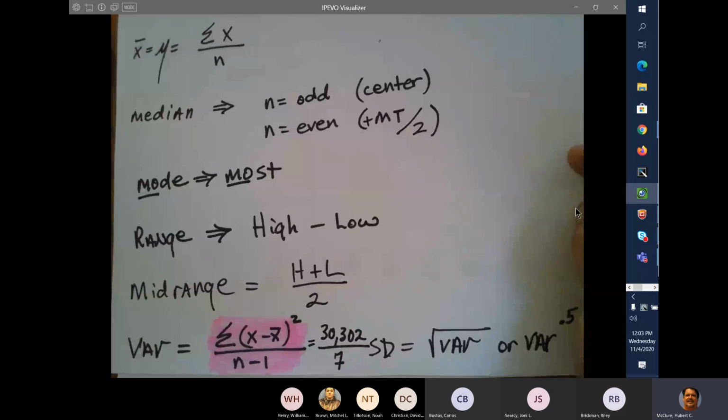I rounded these two numbers right here because of easy math. But if you do round, you would round to whatever the question tells you to round to. That's why I extended all the way out as far as I can go. So your directions may say round the standard deviation to the nearest whole number. That'd be 66. And then they may say do the median to the nearest whole number. That'd be 168.